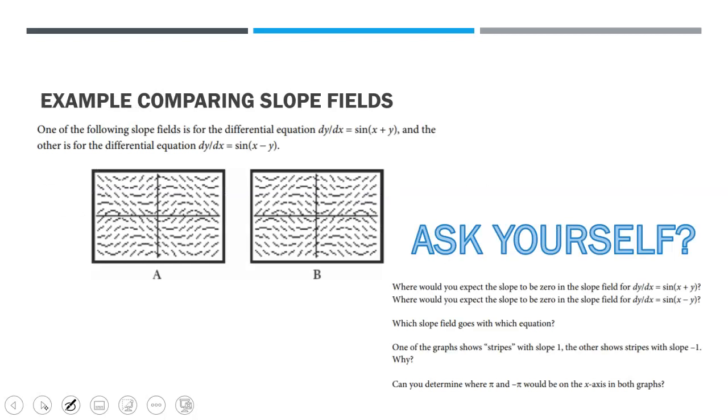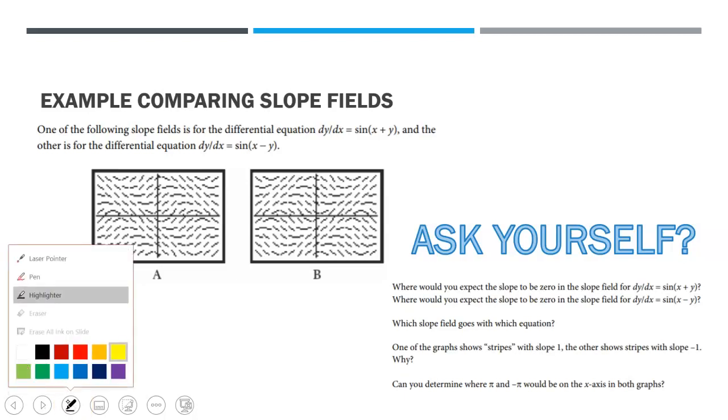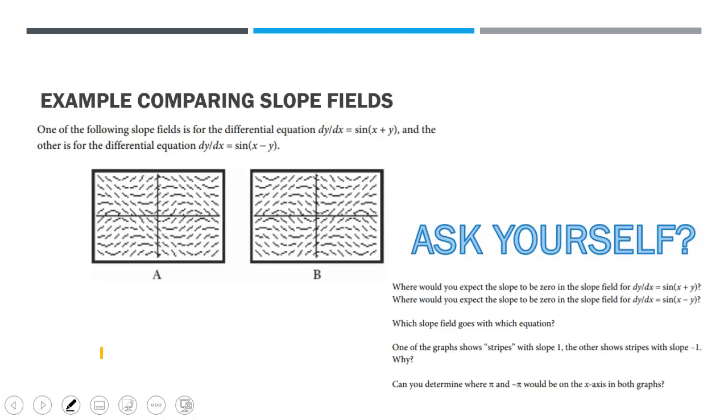So one of the slope fields is the differential dy/dx equals sine of x plus y. And the other is the differential equation dy/dx equals sine of x minus y. How could we figure out which is which? So what I would do is ask myself some simple questions. If I make x, y equal 0, 0, what I notice on my graph is that these 2 points are different.